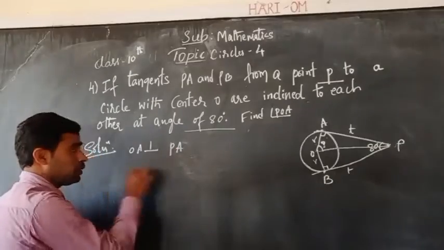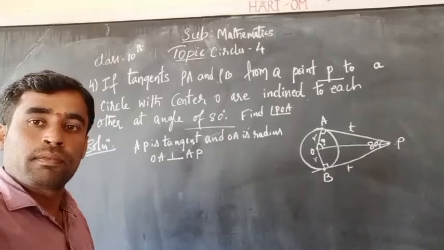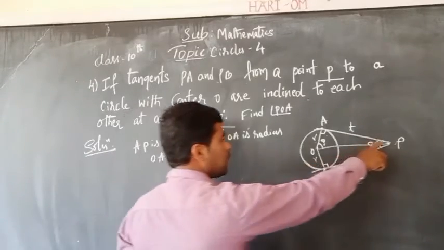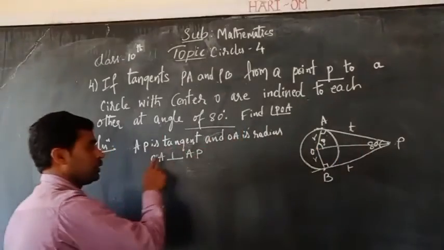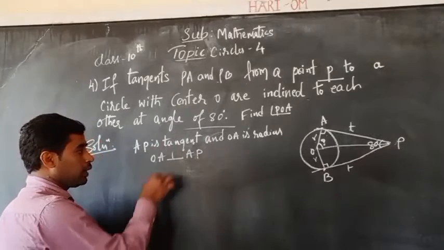Now we can write, here AP is the tangent and OA is the radius. Therefore, OA is perpendicular to AP.